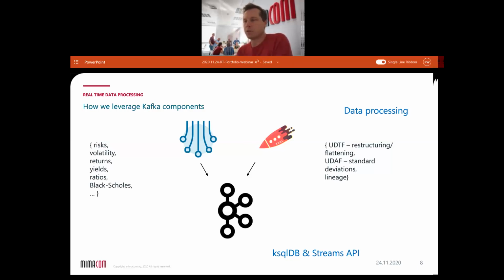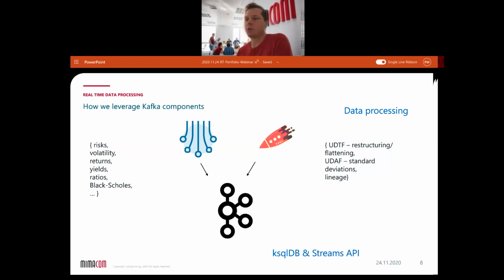So we see Kafka as a primary source of truth in our system. That means we can apply the same infrastructure, the same things we use for real-time processing, for historical data as well. All that has to be done is to ingest this historical data, if it is not already ingested, into a Kafka topic and process it as usual.